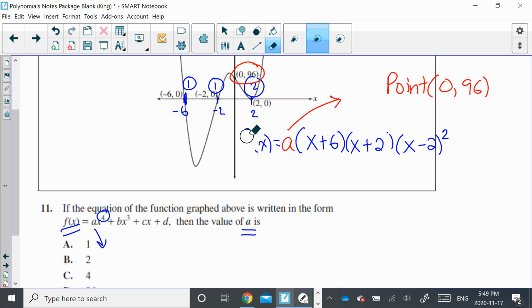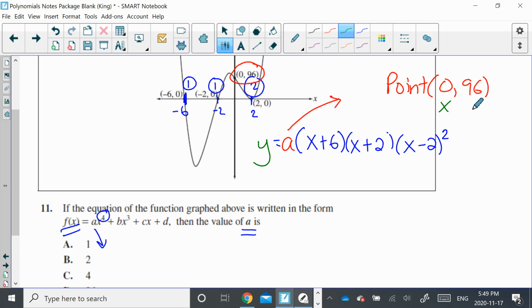Y is equal to, and I'll show you why I'm going to do that. I'll change it to f of x at the end. Okay, so I know what my factors are. I need to figure out what a is. In order to get a, I need to have a point where I can put in x and y. Here's my point right here. X is 0 and y is 96.